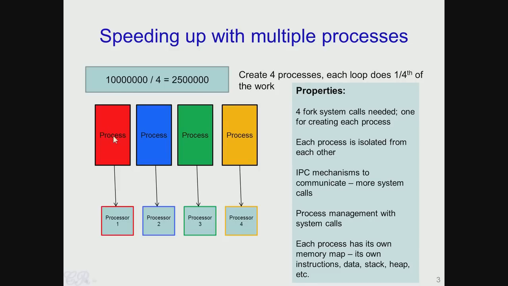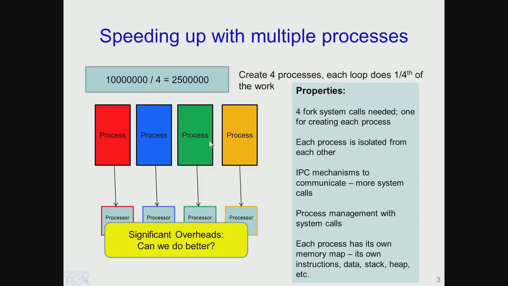Therefore, there is a lot of duplication of instructions and data due to having multiple processes which execute a job in parallel. So, is there a way we can do better than this? Is there a way we can have a solution where the overheads of parallelization are reduced?